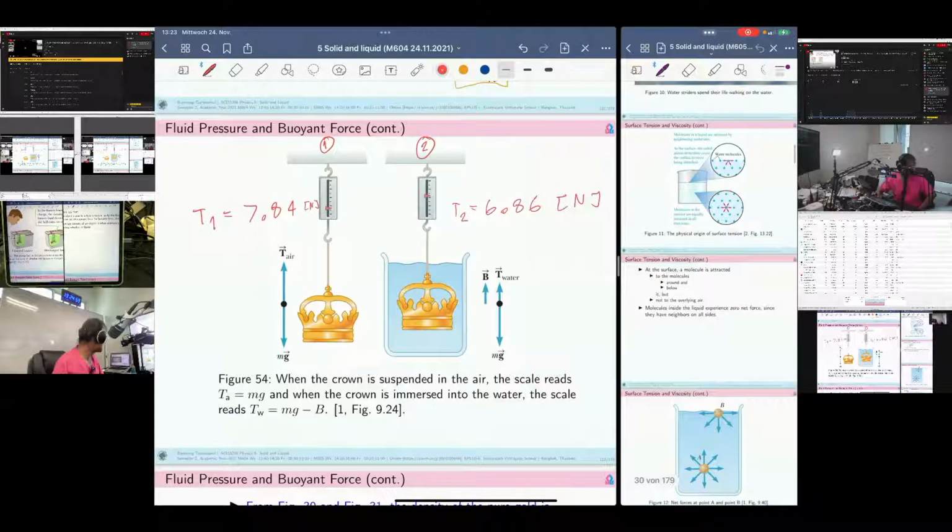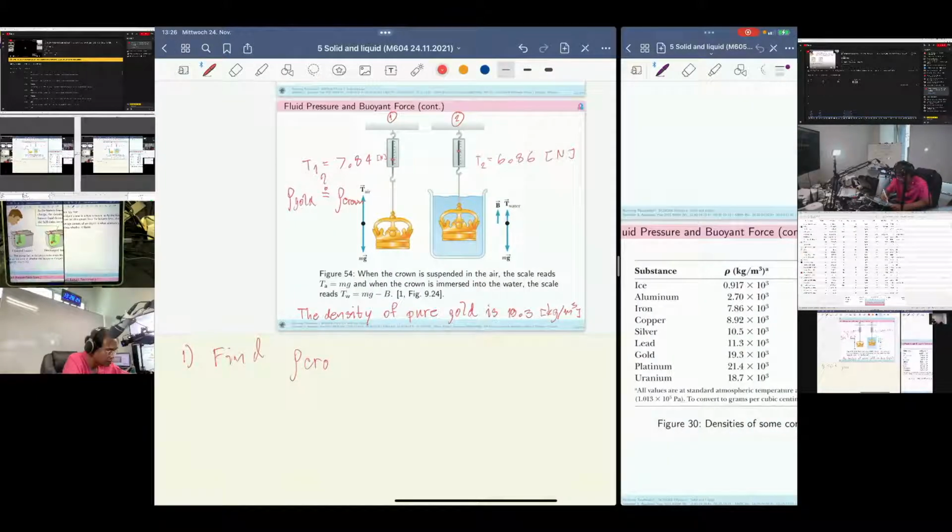So the first step is that we have to find rho of the crown, the density of the crown. And in the second step, you have to compare the density of the crown to the density of the pure gold.